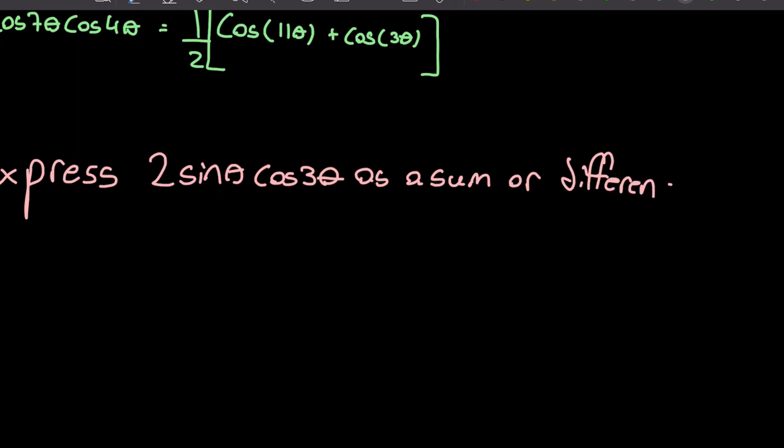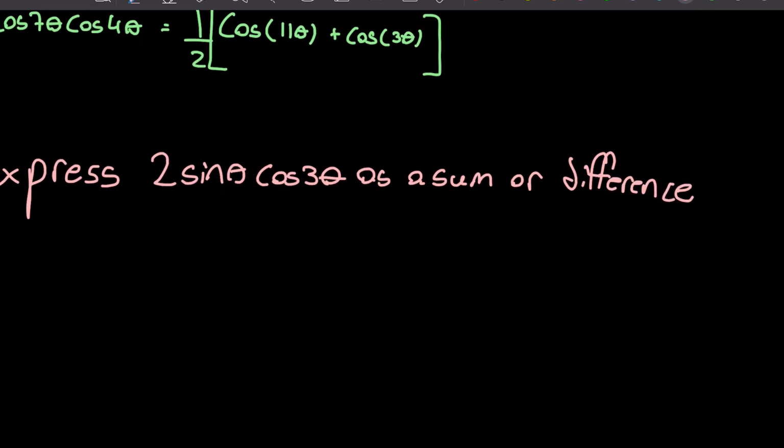Now, immediately what you should be looking at in this product, because remember, these two things are being multiplied together, so they are a product, is what do you have? So you have sine and you have cos. So what you're going to want to do is try to remember, do you remember any of the products as a sum or difference that use sine and cos?